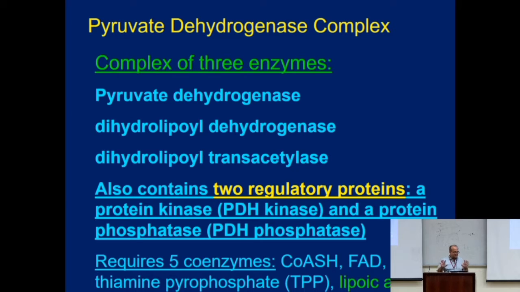Easy to remember. 5 and 5. 3 of the enzymes are the catalytic enzymes: pyruvate dehydrogenase, dihydrolipoyl dehydrogenase, and dihydrolipoyl acetylase. All 3 of these are involved in the catalysis, converting pyruvate to acetyl-CoA. Those 3.